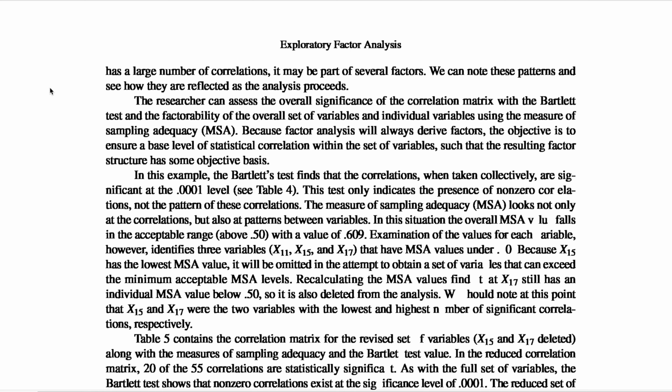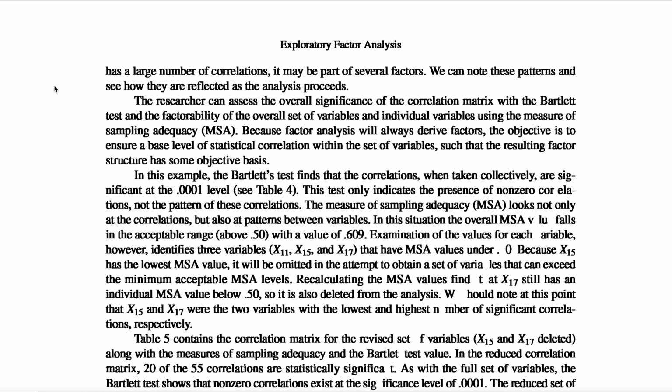In this situation, the overall MSA value falls in the acceptable range, above 0.50, with a value of 0.609. Examination of the value for each variable, however, identifies three variables, X11, X12 and X17, that have MSA values under 0.50. Because variable 15 has the lowest MSA value, it will be omitted in the attempt to obtain a set of variables that can exceed the minimum acceptable MSA level.